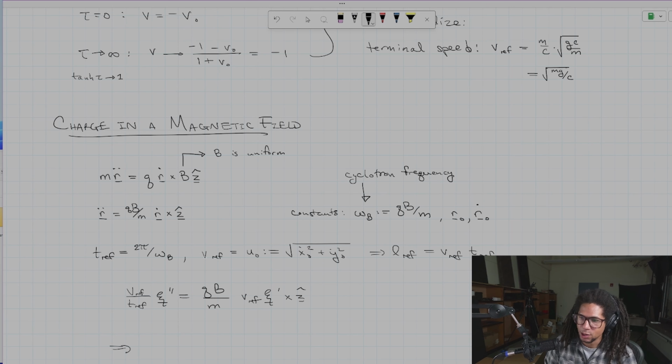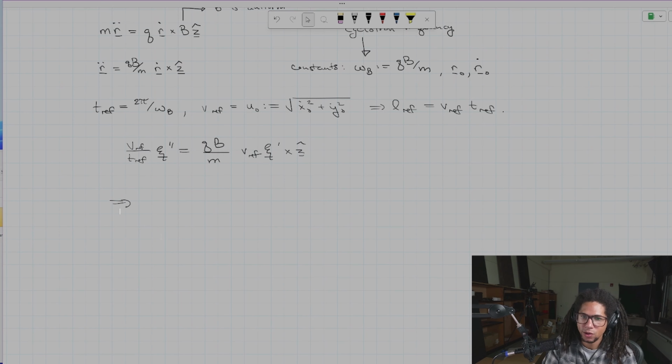Okay, let me actually insert what all of those things are. So I'll get u naught over 2 pi omega b moves to the numerator. c double prime is equal to omega b times v ref, which is u naught, cross z hat. Oops, and I forgot my c prime.